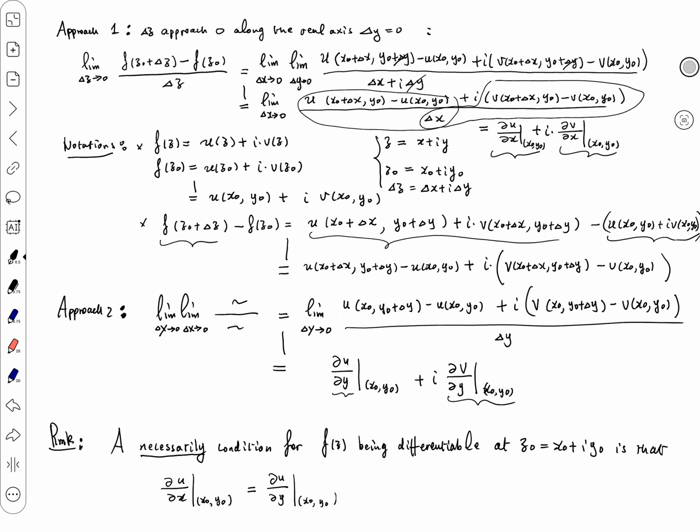Sorry, let me see. Did I make some mistake? Yeah, I made a mistake. So here, what we have is i delta y, right? So what we really have is 1 over i times this.